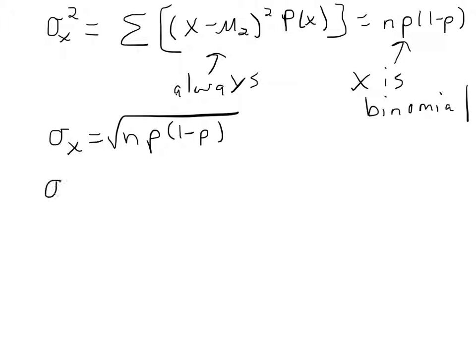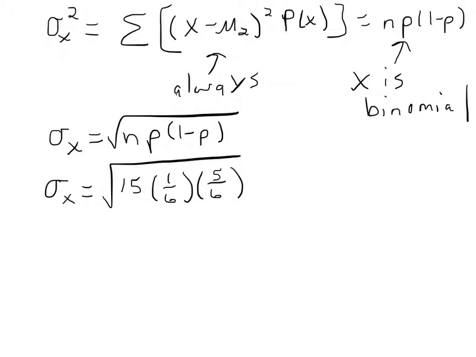So in our case, that would be 15 times 1/6 times 5/6. Then we're going to square root all of that. And so the standard deviation is going to be 1.44 fours in 15 rolls.